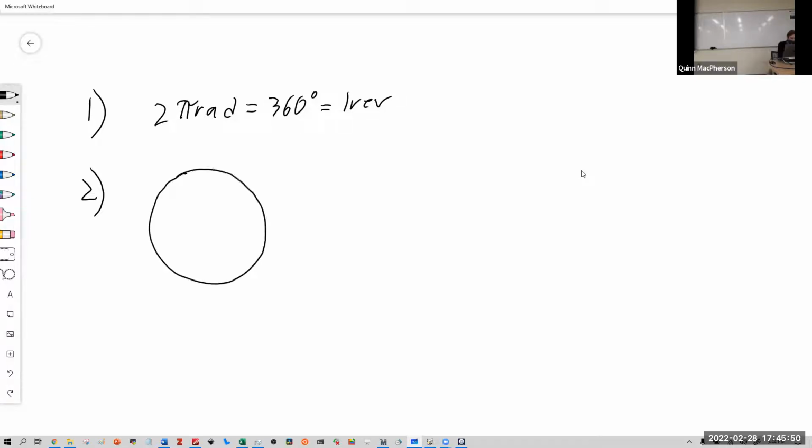Number two, we have the definition of a radian. One radian goes around by 1 radius. You take 1 radius and you wrap it around, you get 1 radian.